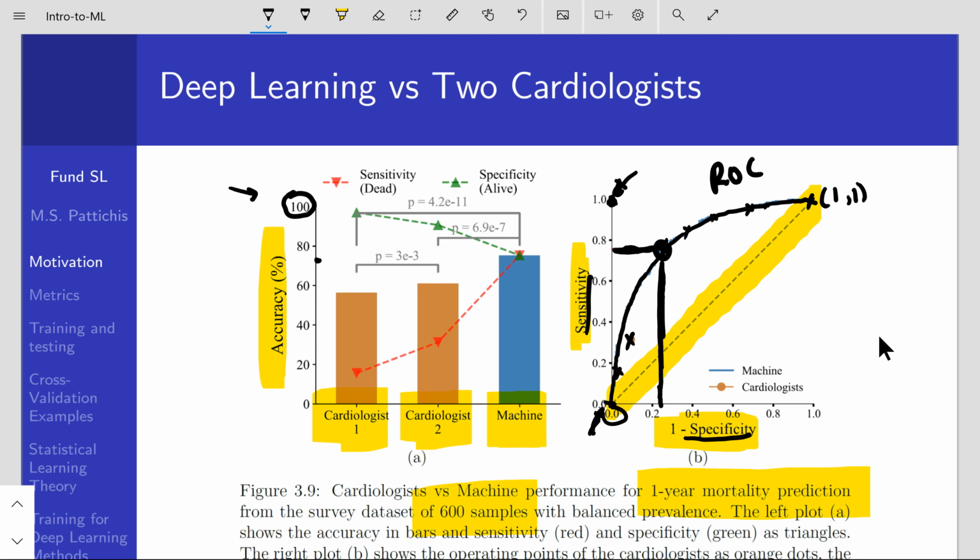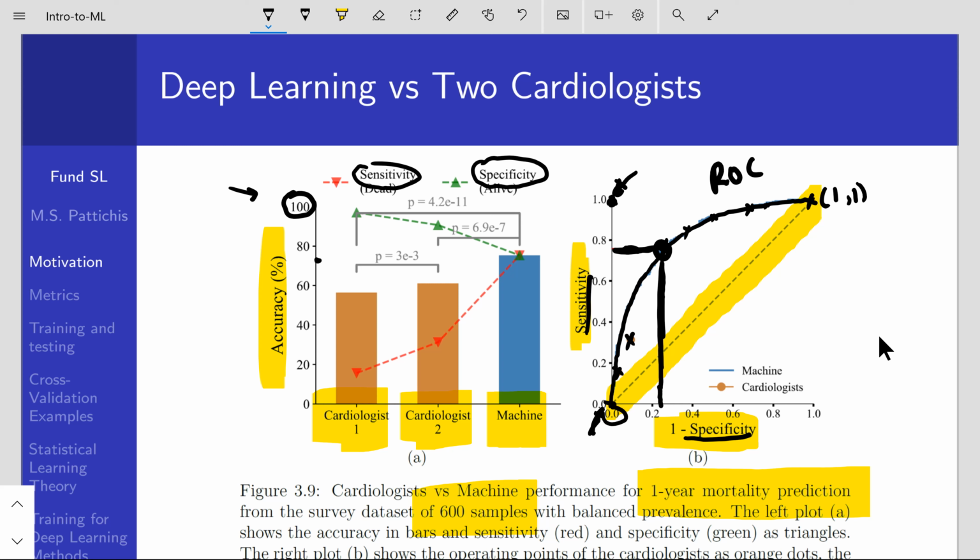And based on the y and the x-axis, he generates the sensitivity and specificity. Okay, and what's important here is that the best one will have 100% on both, right? 100% sensitivity and 100% specificity, and again, we shall see that later.